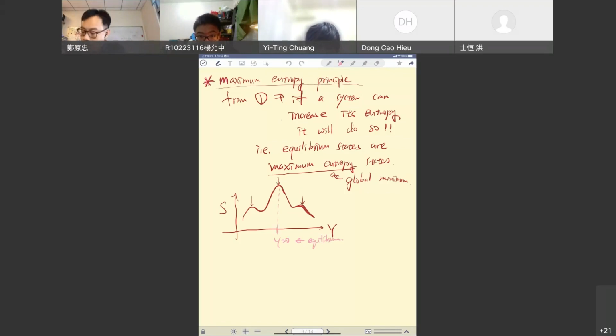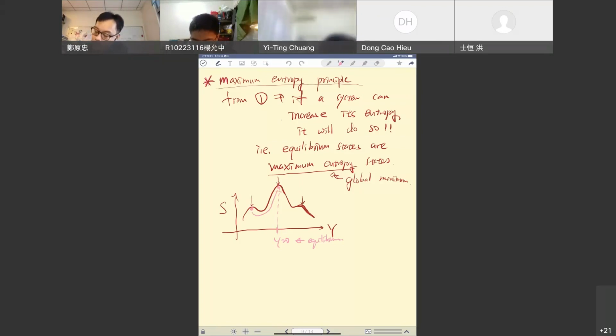For all other points, for example, if the system is prepared at this point, it might very well stay there for a while, but given enough time, eventually the system will find a way to go to the higher entropy maximum.